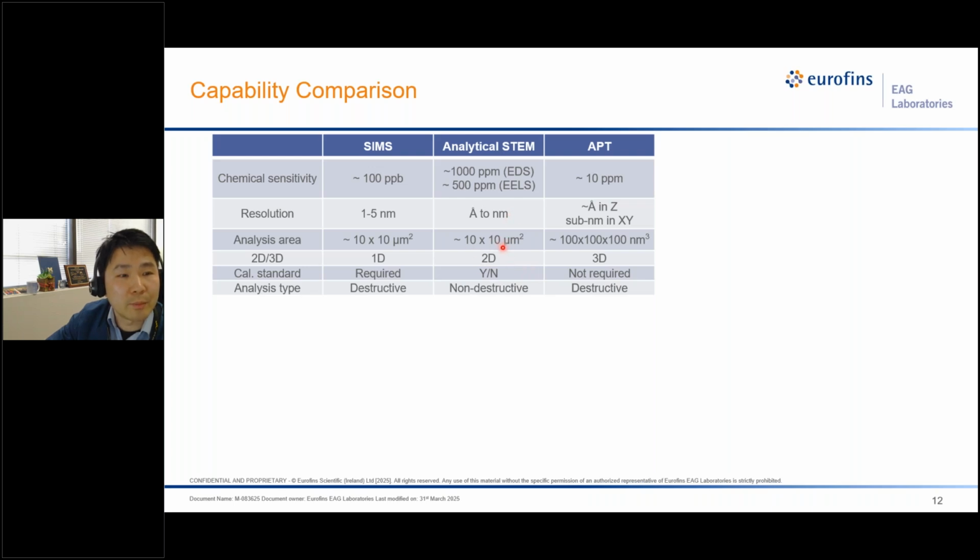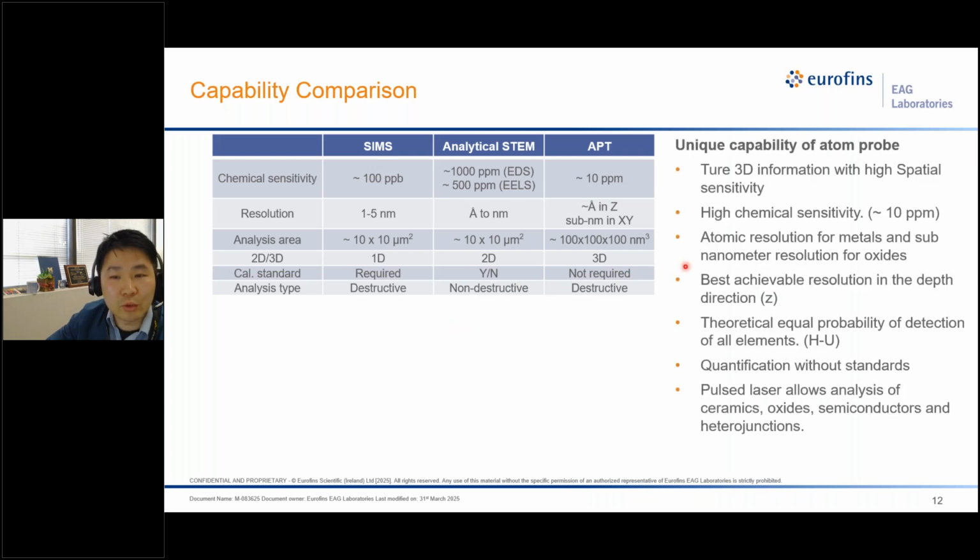This is a two-dimensional imaging technique that can image areas as large as 10 by 10 micrometer squared. EDS and EELS analysis also require calibration standards to achieve semi-quantitative analysis. And as an imaging technique, TEM is not destructive, and the same sample can be imaged or analyzed multiple times.